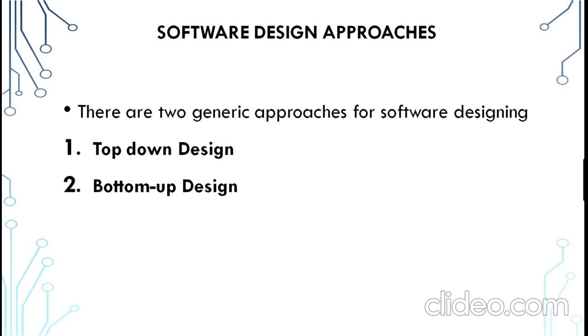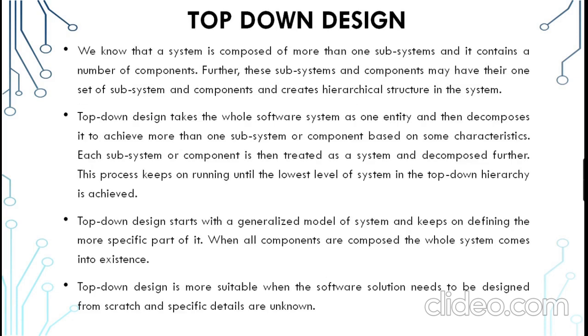The next is the software design approaches. There are two generic approaches for software designing. Number one is the top down, second is the bottom up design. Top down design. We know that a system is composed of more than one subsystem and it contains a number of components. Further, these subsystems and components may have their own set of subsystems and components and create the hierarchical structure in a system.